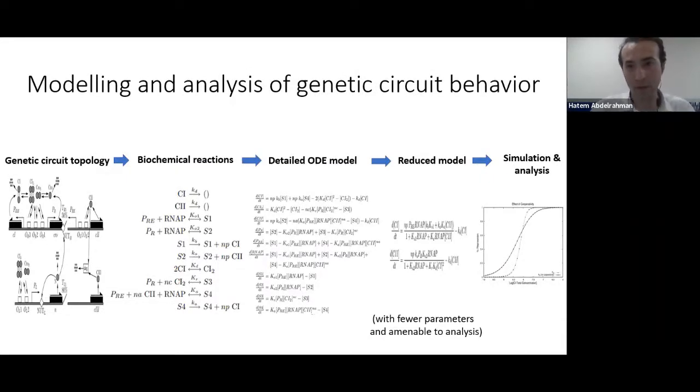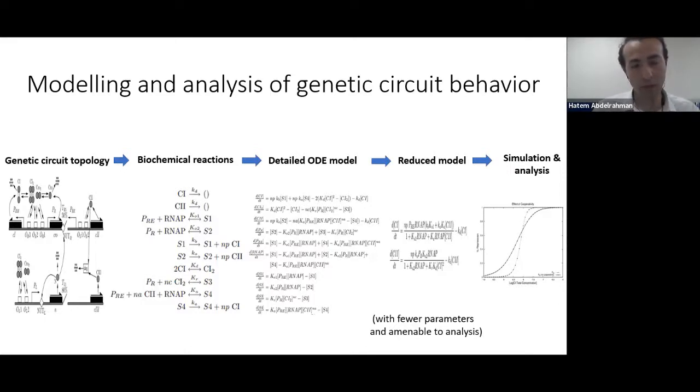In order to study these genetic circuits, to predict their behavior, to analyze their behavior, and also to engineer their behavior, we need to model these genetic circuits. We cannot talk about interactions in a narrative way. Rather, we describe these interactions in mathematical equations, and use these mathematical equations to model, simulate, and predict the behavior of genetic circuits.